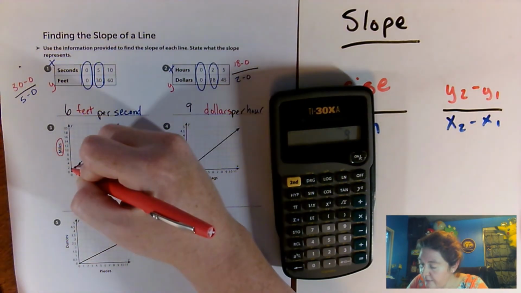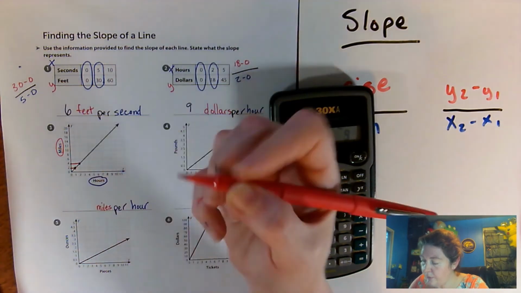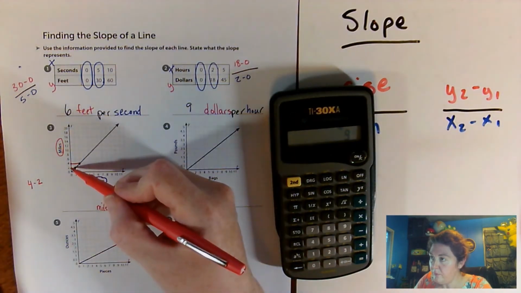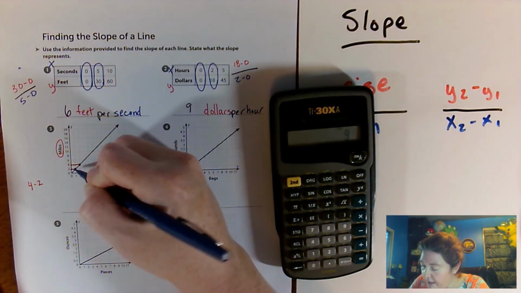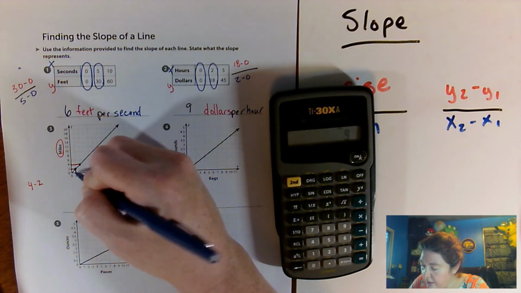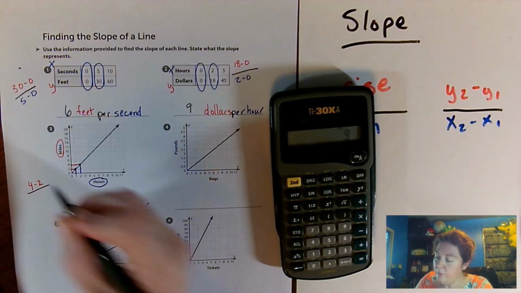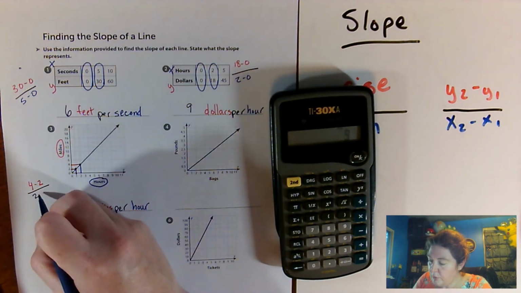Miles, I've got a 2 and a 4. So I'm going to say 4 minus 2. I get them right here. And I've got on my x-axis a 1 and a 2. So that's going to be over 2 minus 1.